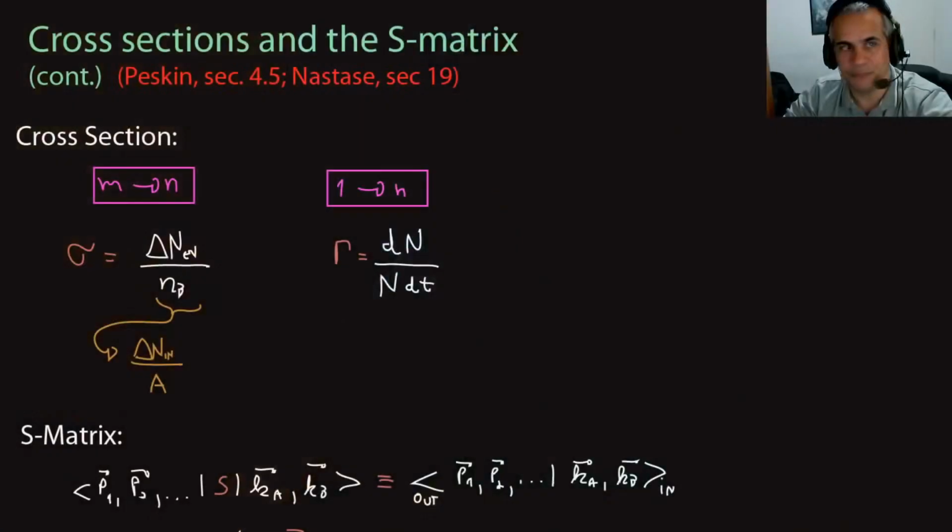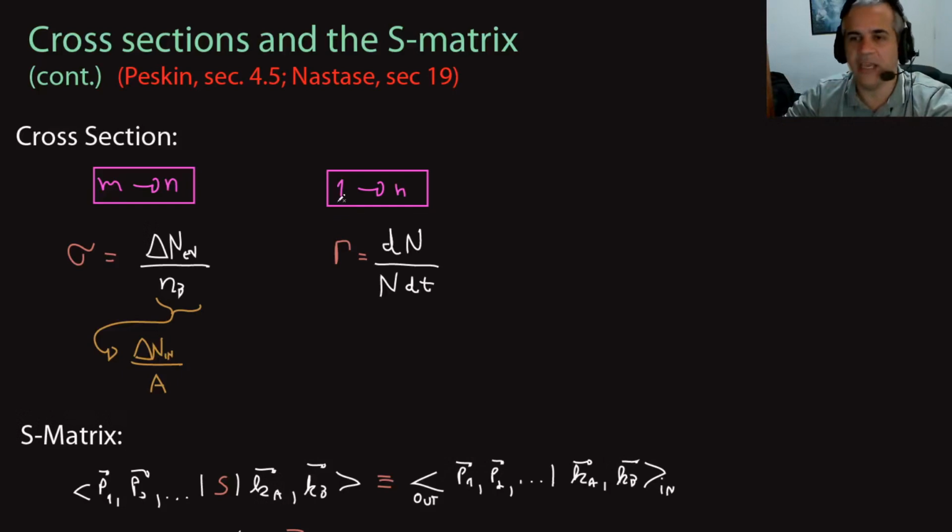So what we did in the last lecture was to define a bunch of quantities, right? The first things we defined were the cross-section and the decay width. This is a particular case where you had essentially what you could call a scattering from 1 to n particles.